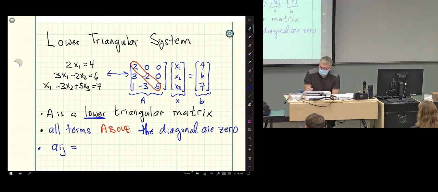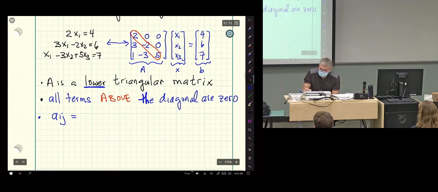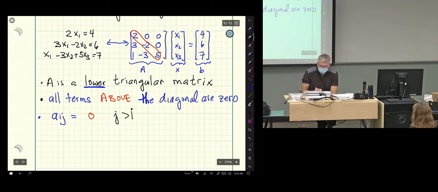Let's go to the second row. Okay, we look above the diagonal, which is just to the right. When we have 2,2, that's on the diagonal, we're fine, but when we're in the third column on the second row, A2,3 has to be 0. So that's once again j bigger than i. So this has to be 0 when j is greater than i. Okay, so that's how you can do it. Visually, I think drawing the picture is fine.